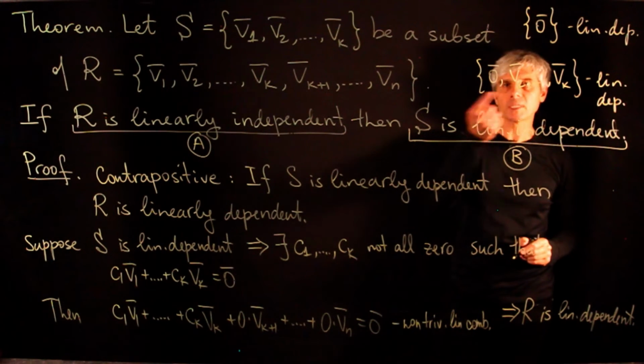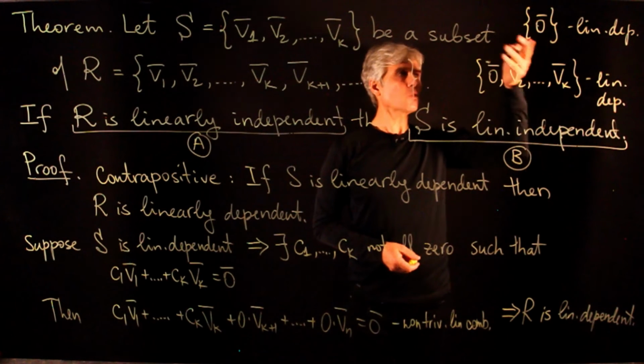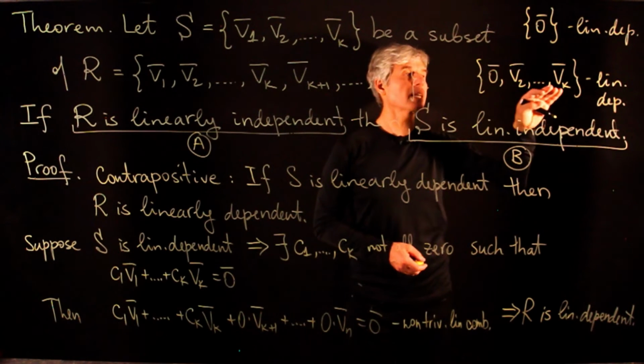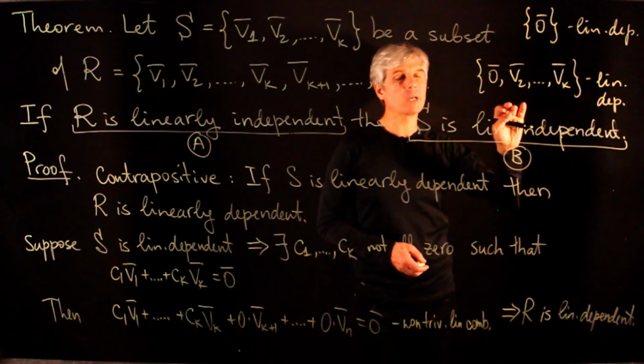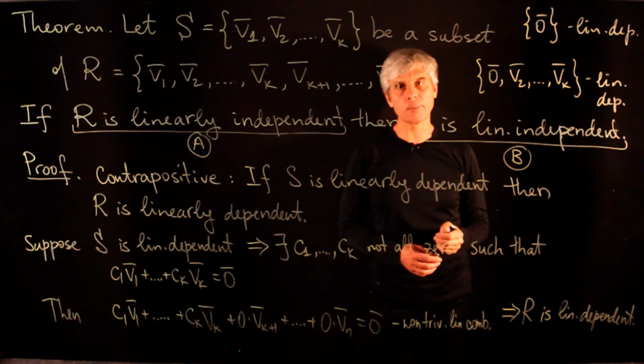Because the 0 vector is a linearly dependent set, any larger set will also be linearly dependent. So any set that contains a 0 vector is linearly dependent.